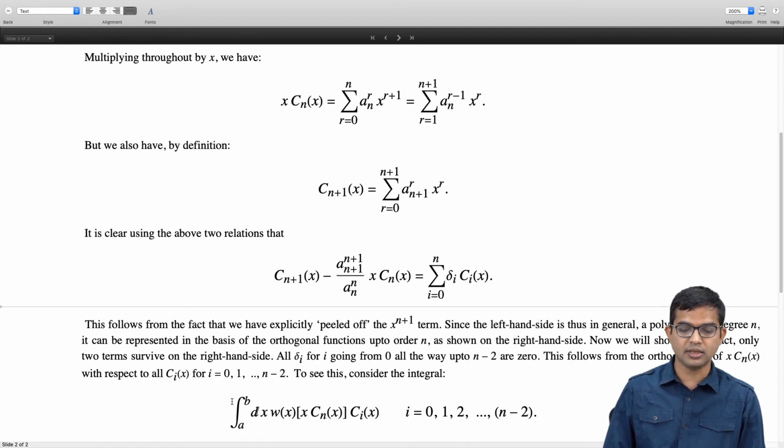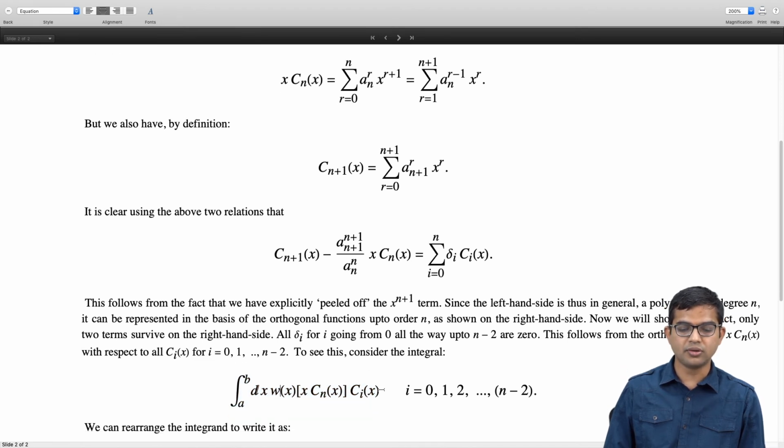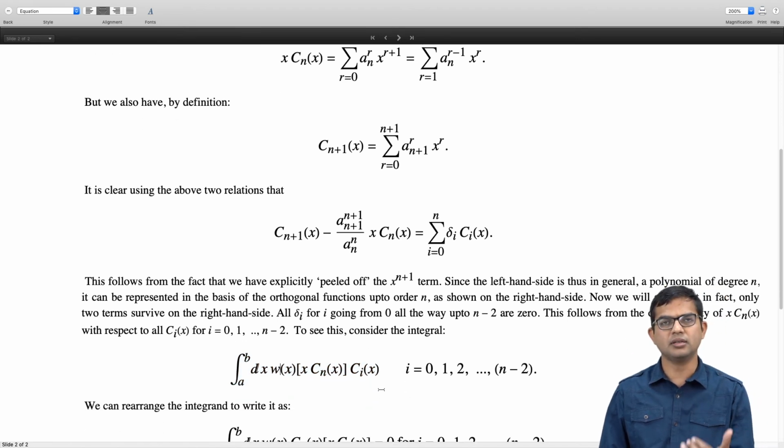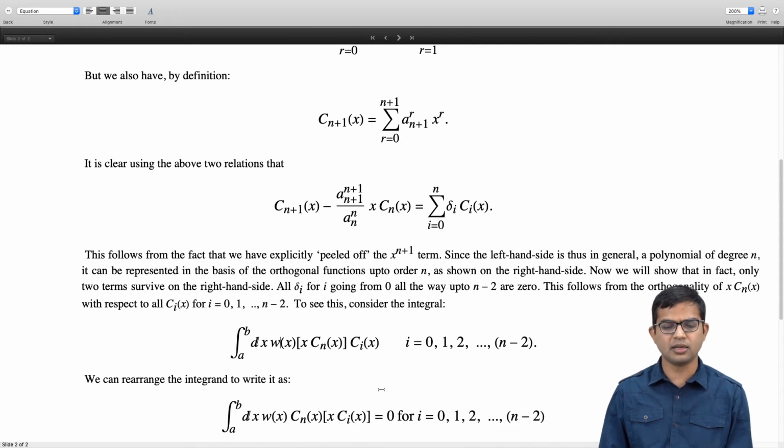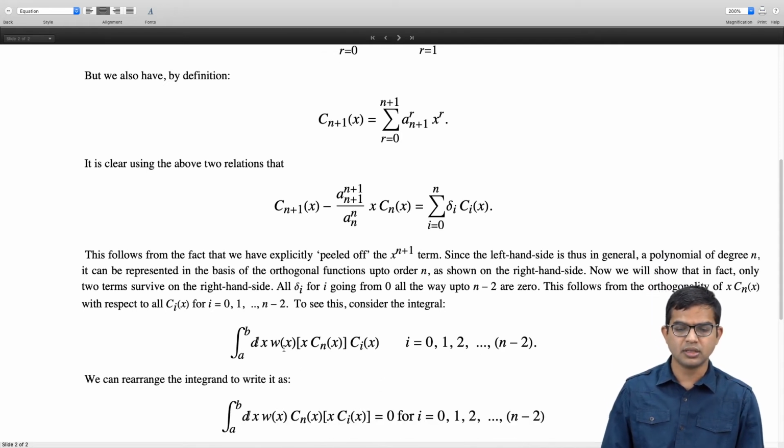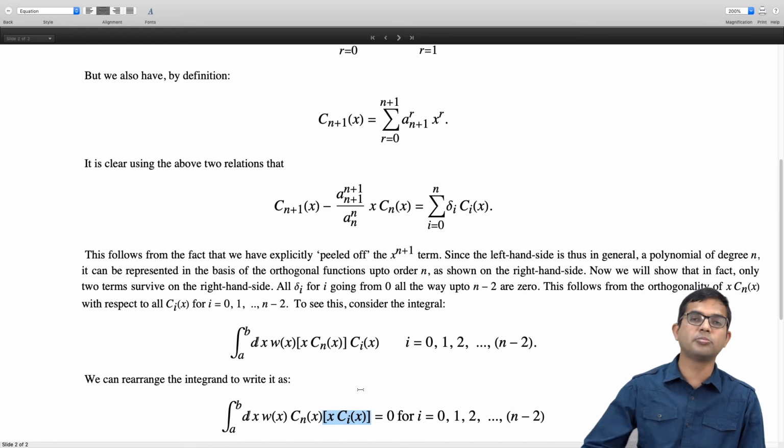If you consider this integral, now there is a way to re-look at the same integral, right? So recast this integral. It's the same integral, but we just shift this x to the right of Cn of x, and then group these two together, x times Ci of x. And now x times Ci of x for sure is a polynomial whose degree cannot be greater than n minus 1, because Ci of x is a polynomial whose degree cannot be greater than n minus 2.